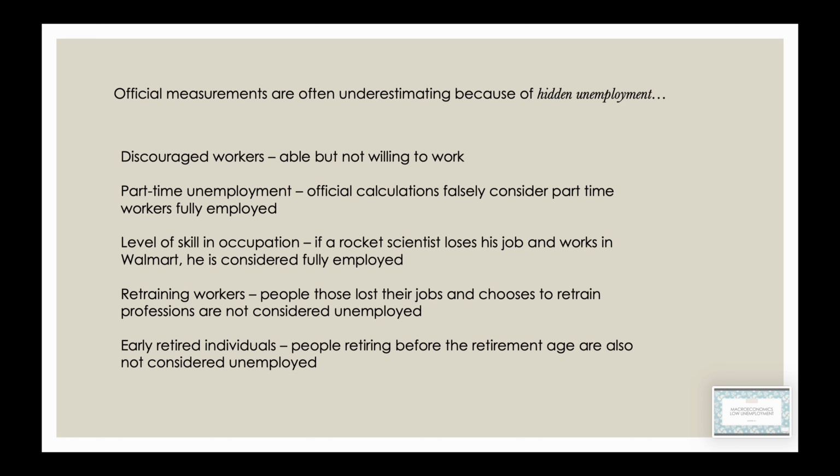And we have level of skill in occupations. For example, if a rocket scientist loses a job and finds a job in Walmart, he's considered fully employed. Also, we have retraining workers. People who became unemployed and chose to retrain their professions are also not considered unemployed at all. And we have early retired individuals as well.